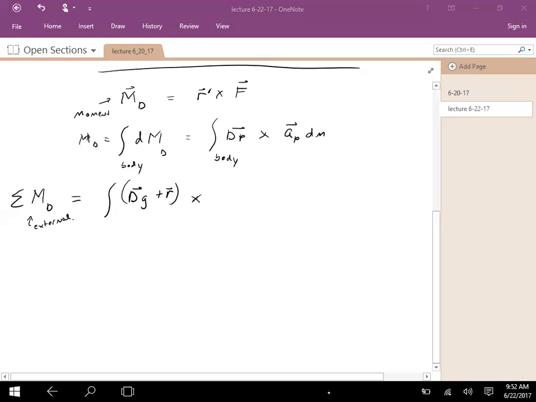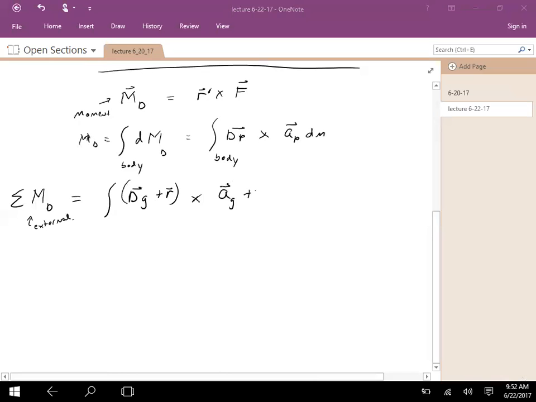AP is going to consist of two terms. When I take the derivative of AP, I'll get first the acceleration of g, which is what I called that dg double dot above, plus now I've got a couple of terms.